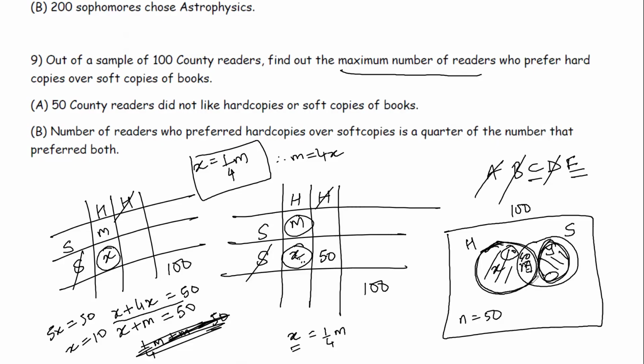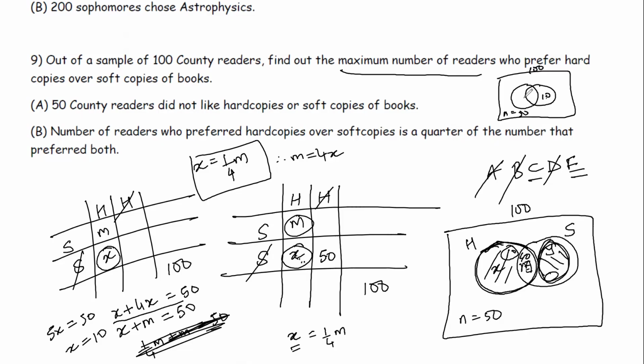Okay. So you can do trial and error. You can probably say, okay, let's take 4 out here. Then you get the whole thing as 46. If you take 6 out here, you get the whole thing as 44. And then 1/4, we have 4X and X, 5X. So we'll have to take it as 40 and 10. What I'm trying to say is that if we assumed this to be 10, N is 50 outside, total is 100.